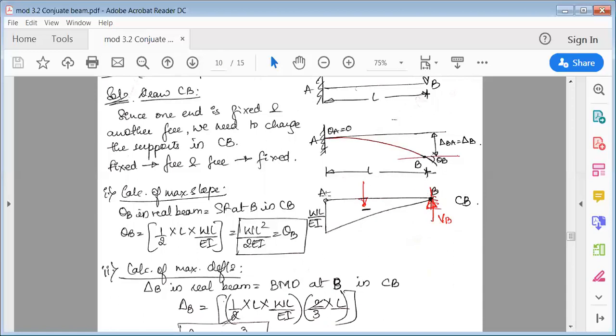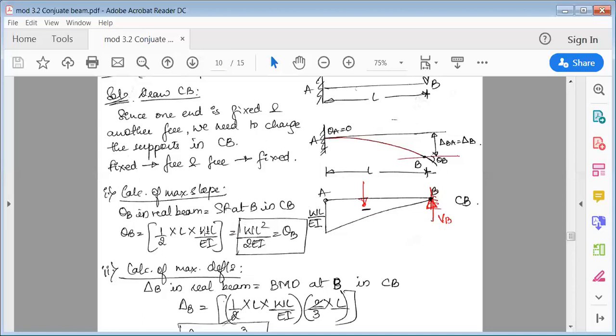So area of a triangle is half into base L, height WL over EI. Now because it's a cantilever, you have to show it on the negative side, but you should not use this negative sign here because area can never be negative. Only the M over EI diagram, you have to show it like this on the negative side. Then half into base L into height WL by EI.